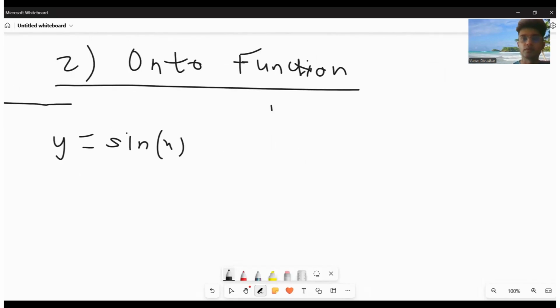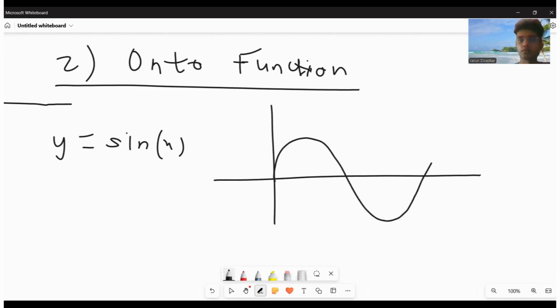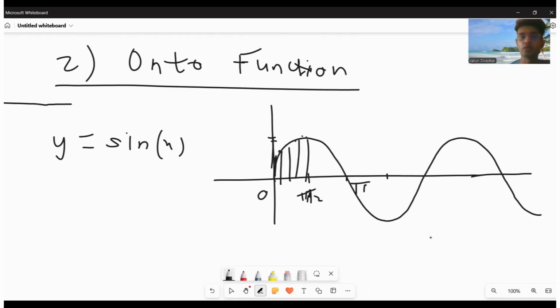So if I plot this here, it looks like this. Yeah, sinusoidal curve, right? This is 0. This is pi by 2, which is 90 degrees in radians. This is again pi, so on and so forth. So here you see that every value of y definitely has a corresponding value in x. There's no value on this y coordinate which does not have any x over here, right?